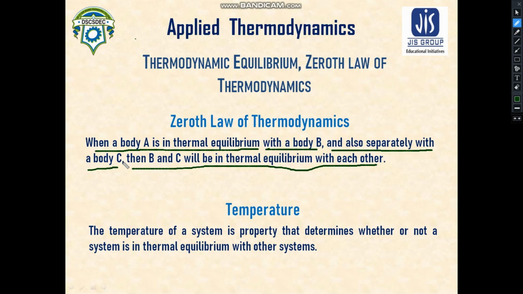So here in the diagram earlier I had just mentioned A is in equilibrium with C, B is in thermal equilibrium with C. So that means A and B will also be in thermal equilibrium with each other. So this is very simple and this is school level things. Now from this understanding, we need to define what is temperature.